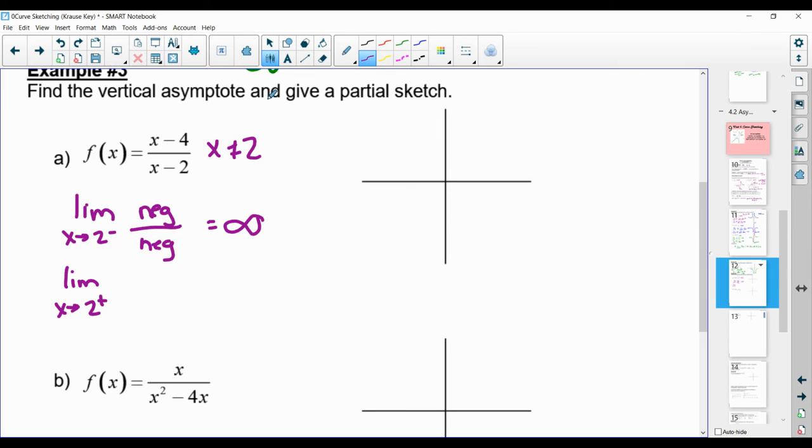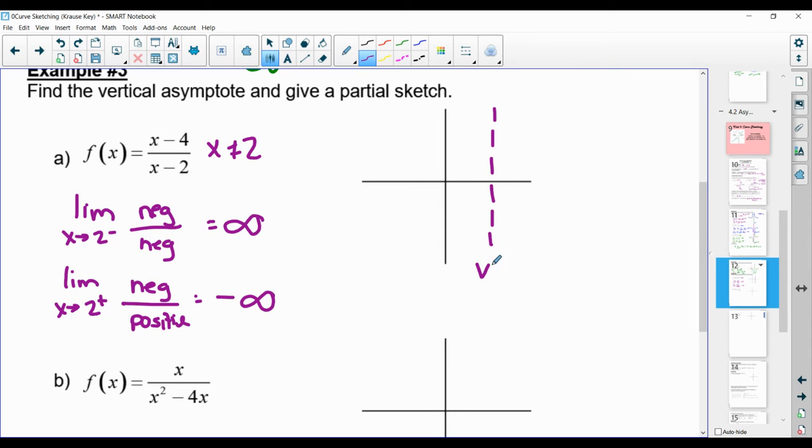But as we take those numbers and we subtract 4, we're still going to have a negative number on top. And on the bottom, we're going to have a positive number. So if we take 2.001 or 2.00001 and subtract 2, we're going to end up with a positive value. And so if we take a negative and divide by a positive, we're going to be approaching negative infinity. And so my asymptote is going to happen at x equals 2.